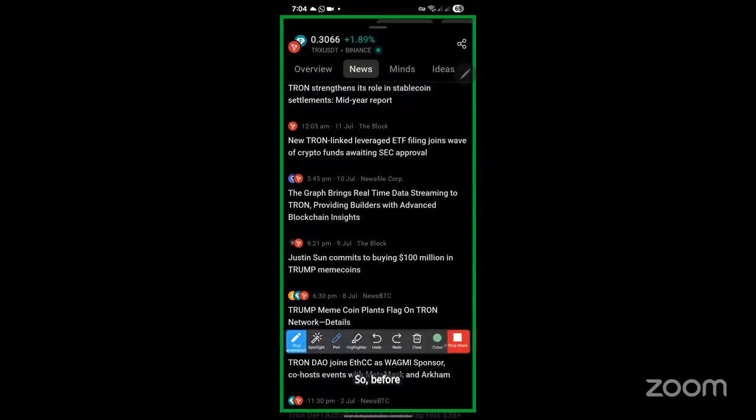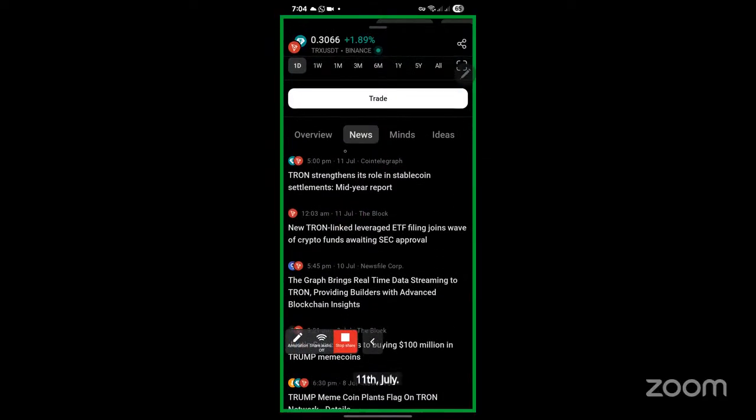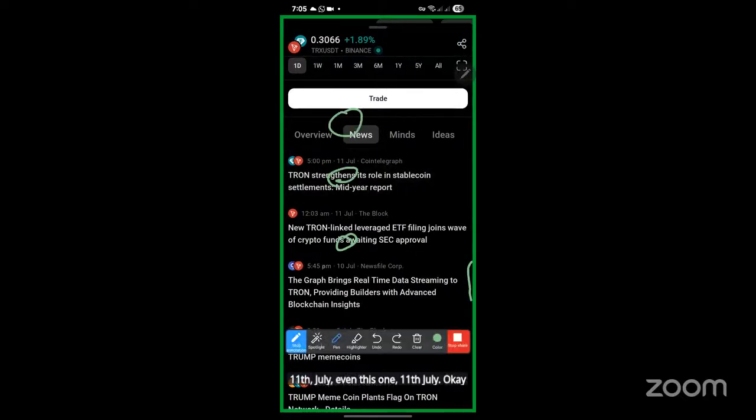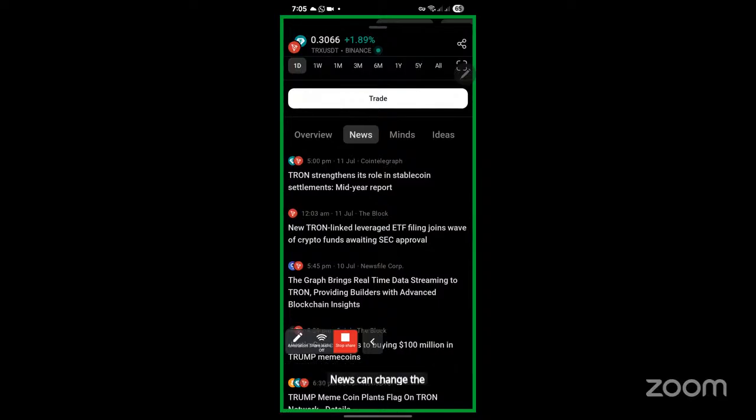Before we trade, we look at this one, 9th July. You can see this one, 10th July. This one, 11th July. Even this one, 11th July. Okay, so you read about the news that you find here. News can change the market direction. The market may be moving downwards, and once the news sparks the area, it starts to move upwards. Okay, it changes direction.